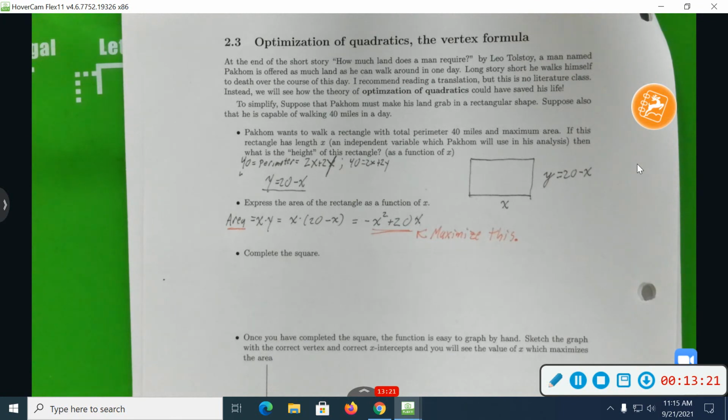So maybe it would be useful to have a graph to look at. So let's graph that by using the techniques from last time. So let's, I guess, complete the square. And maybe this is another good chance to just recall the completing the square technique.